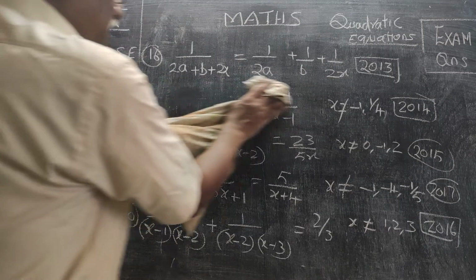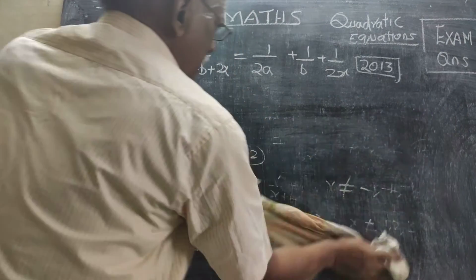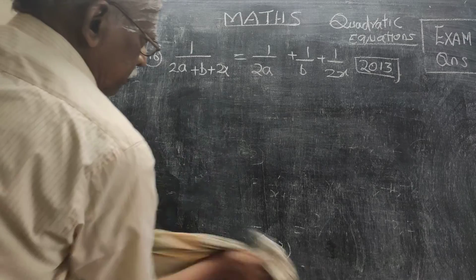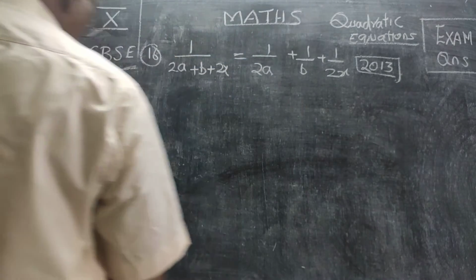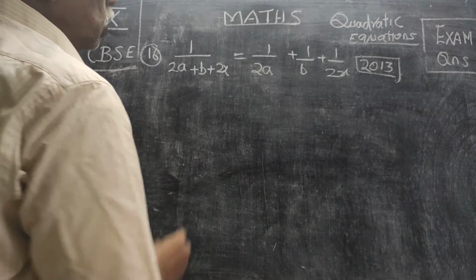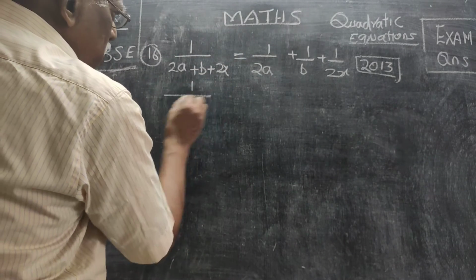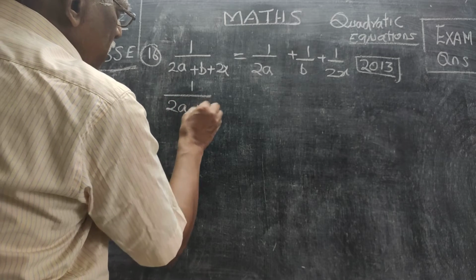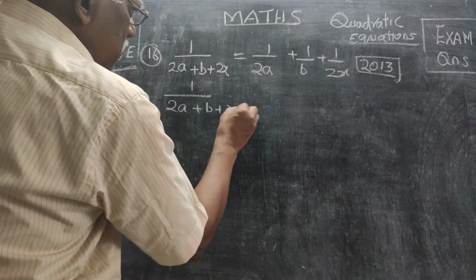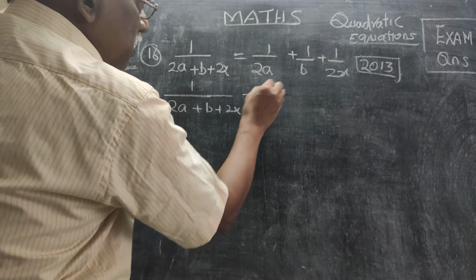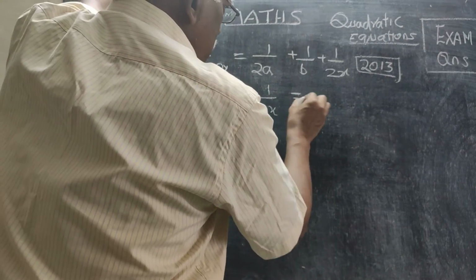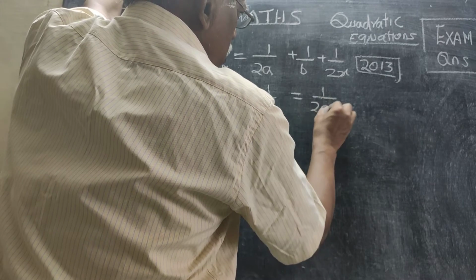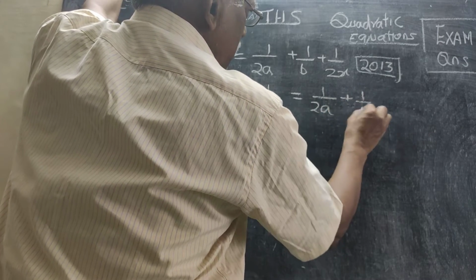Now question number 16 is a good question compared to the other questions, in that you have 1 by (2a + b + 2x) and 1 by 2a, like that. First step, you write 1 by (2a + b + 2x) and take this 1 by 2x here, so that you will be getting only 1 by 2a plus 1 by b on the other side.